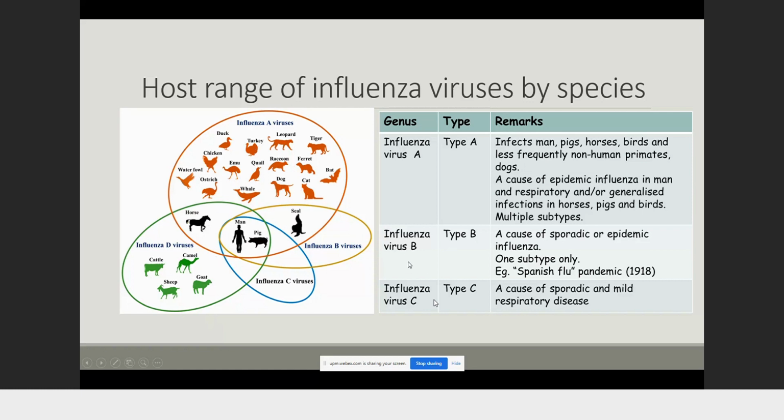Influenza B, I just give you 3 examples here. B and C cause sporadic influenza in human, and there was one occasion of epidemic influenza in human, which is the Spanish flu, the pandemic Spanish flu, which occurred in 1918.